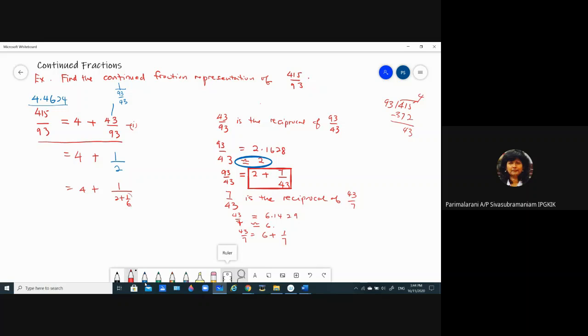So this part here is actually 7 over 43. 2 plus this, so it's 2 plus 1 over 6. Do you understand that?